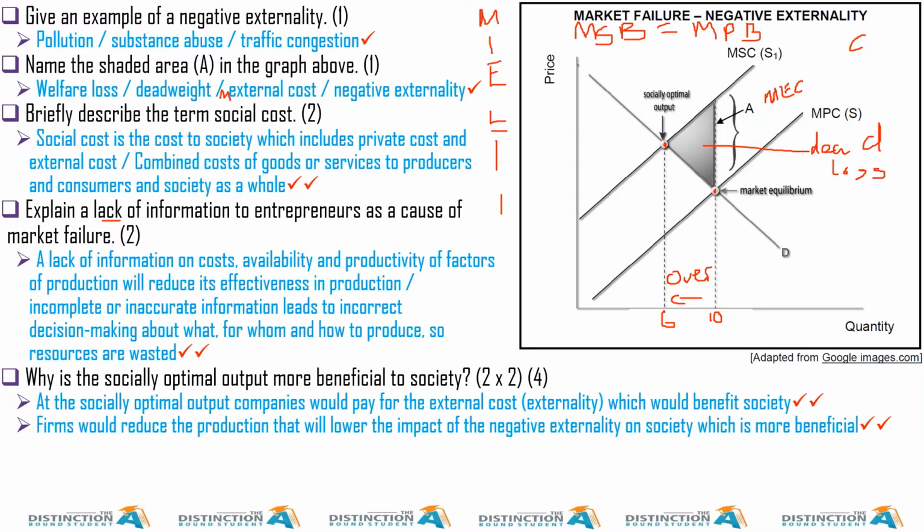So what we're saying here is, instead of 10, firms are going to produce 6, as simple as that. So that will reduce this deadweight loss. Actually, it's going to delete this.